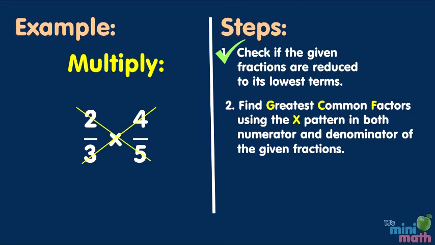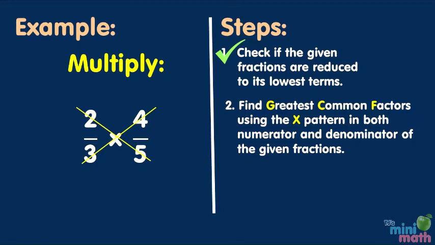So we have here two pairs. The first pair is 3 and 4, and the second pair is 2 and 5. So that is what we meant by X pattern. So we are going to look for the greatest common factors of 2 and 5 and 3 and 4.